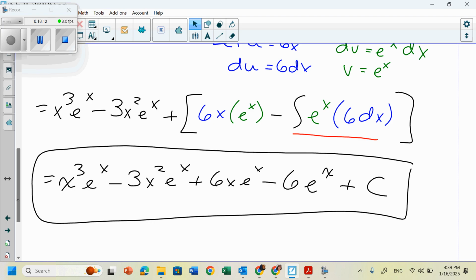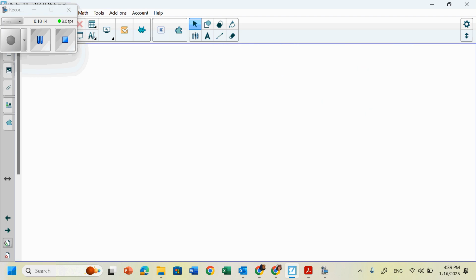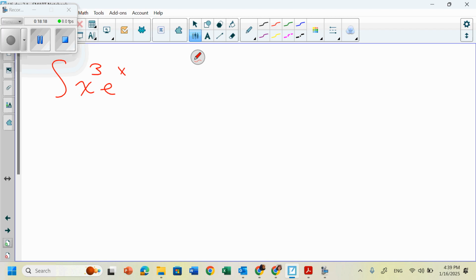Now, this is what I call the tic-tac-toe method. You'll see why in a second. It only works when one of the functions is a polynomial.